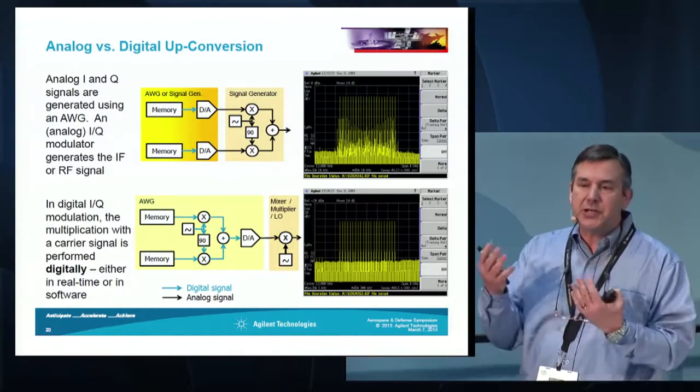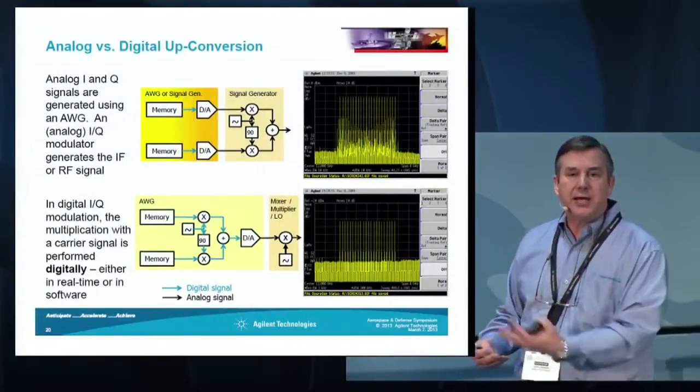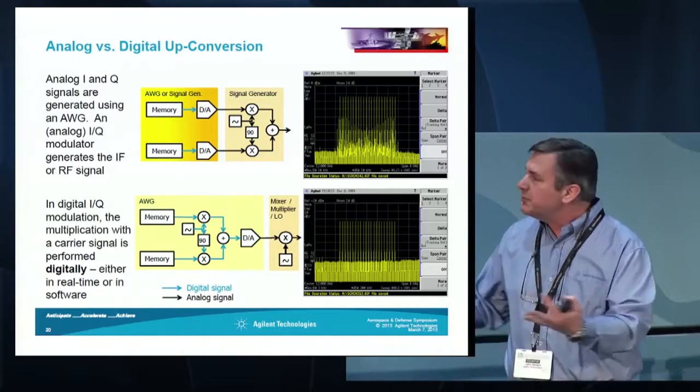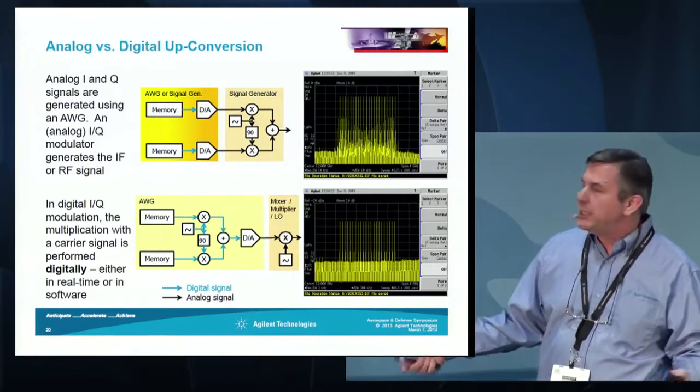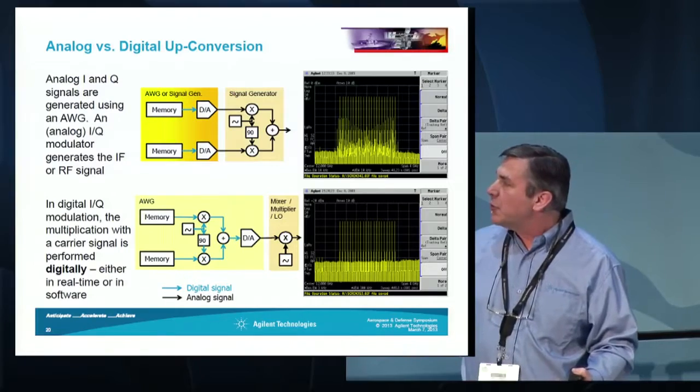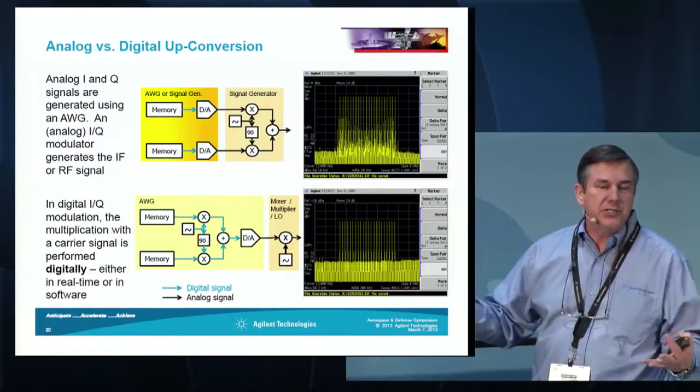Instead of a two-channel arbitrary waveform generator with IQ, you have one channel that has the IF signal coming out of it. So it's basically doing the IQ modulation in software stored within your waveform file. Simple as that, but that's not often convenient.